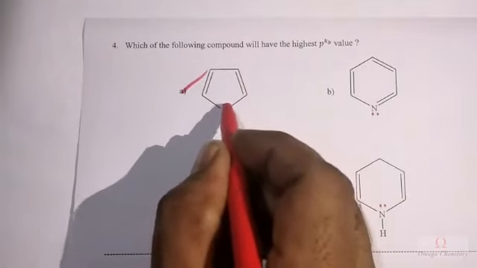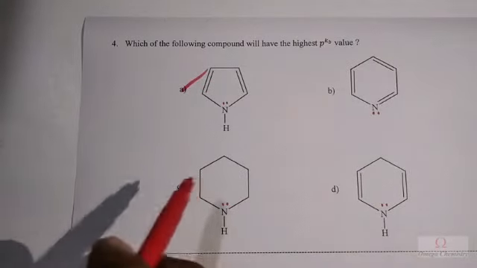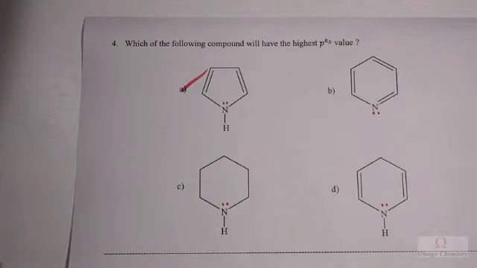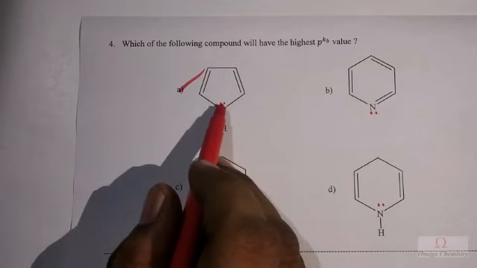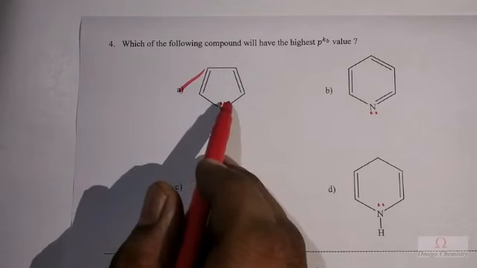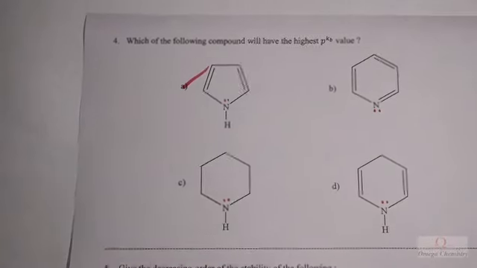Whereas the lone pair of electrons in option A is used to construct the ring current and thus to attain aromaticity. So the lone pair of electrons will not be available on nitrogen in compound A. This lone pair of electrons is responsible for receiving H plus ions, protons. That's why option A is the right answer.